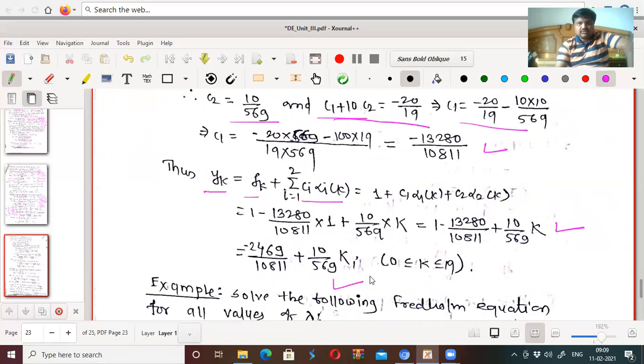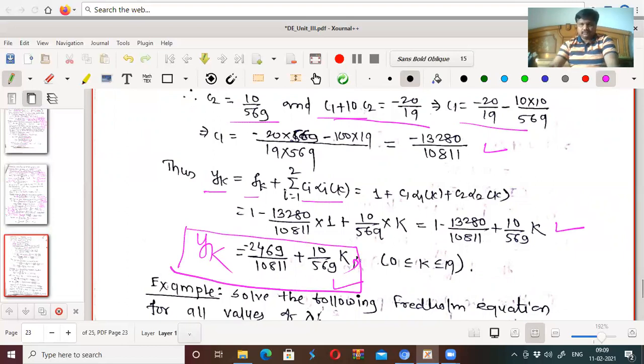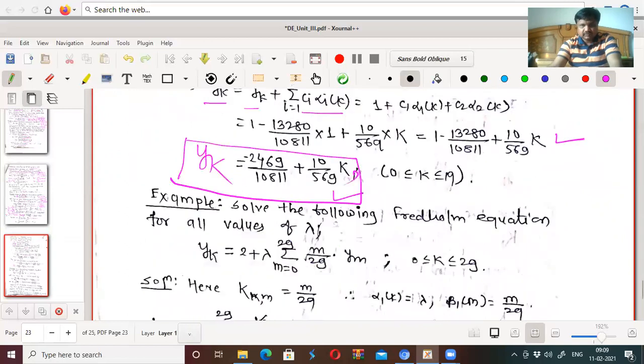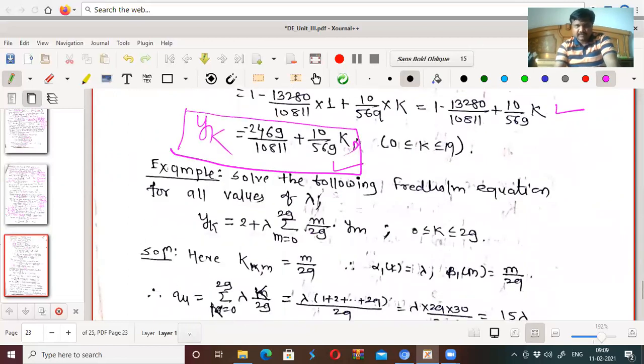This is the required solution of the given Fredholm equation with variable kernel, or separable kernel; we can write it with a separable kernel. In the same way, we can also solve such an equation.